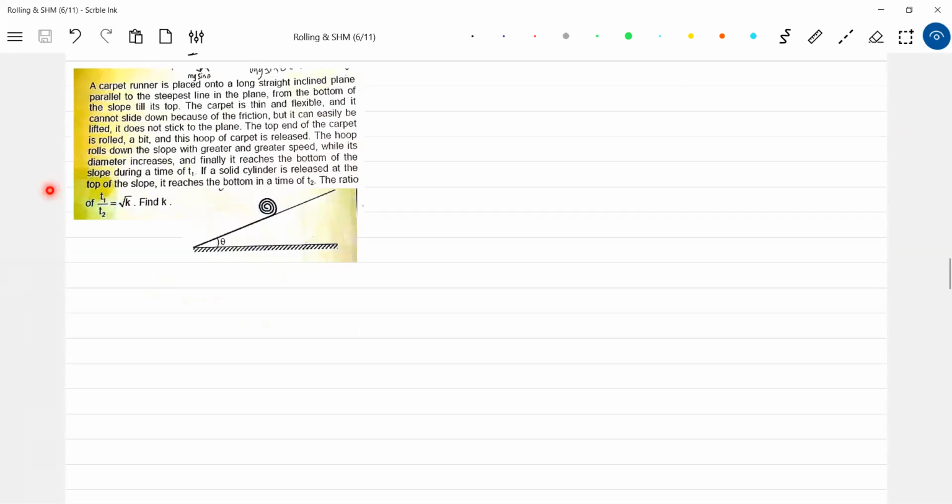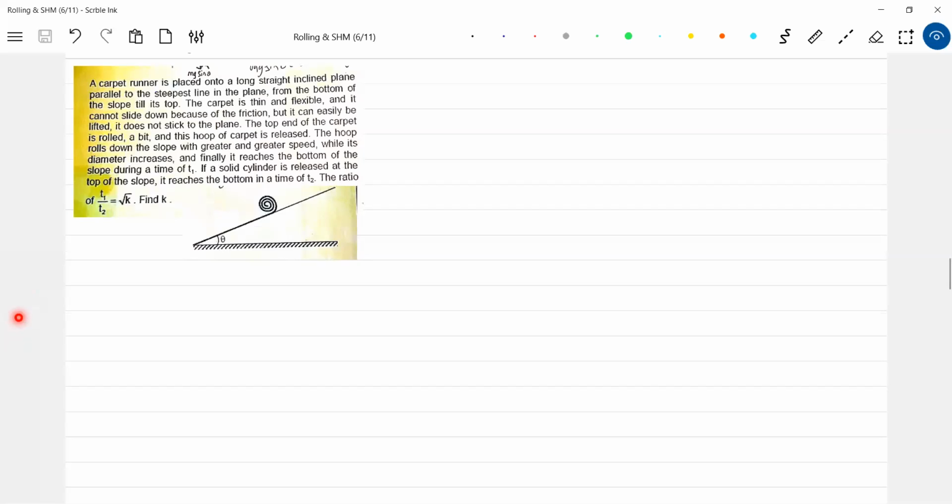Okay, we'll take this one here. A carpet runner is placed on a long straight inclined plane. I'll show the carpet like this.